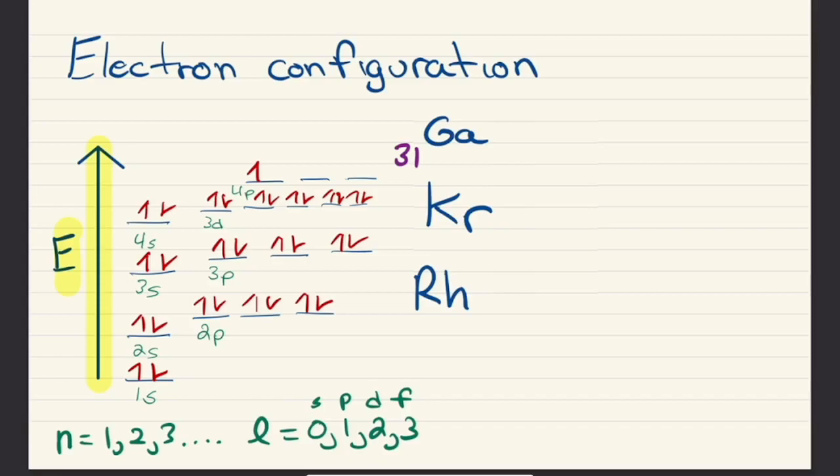So what does that look like here? It looks like 1s2, 2s2, 2p6, 3s2, 3p6, 4s2, 3d10, 4p1. And we have now taken care of all of the electrons shown.